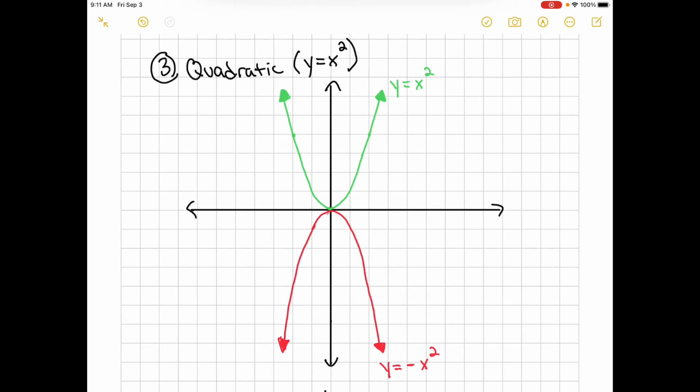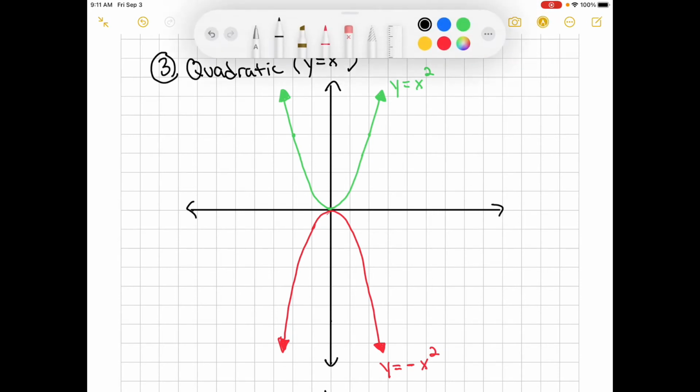And you can see, you can test these points if you want to. If you plug in an input of 1, so my x is 1, my output's going to be 1. So that's where we get the point 1 comma 1. Or if my input is 2, so if you plug in a 2 squared, what's my output going to be? 4.